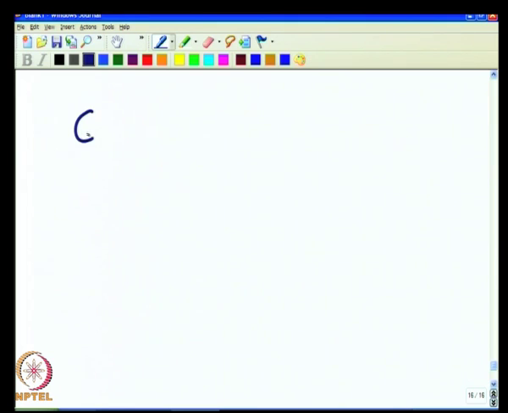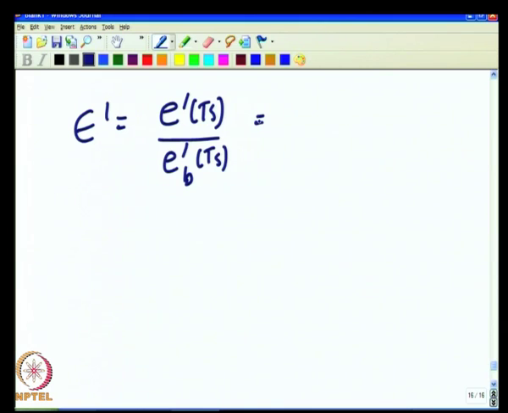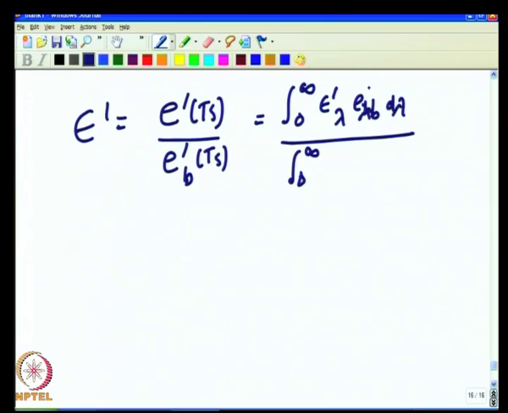So, let us now go through the derivation to understand why this is true. What is epsilon prime? By definition, it is the directional total emission by the object at a given temperature divided by the directional total emission by a black body at the same temperature. And this can be defined as follows.